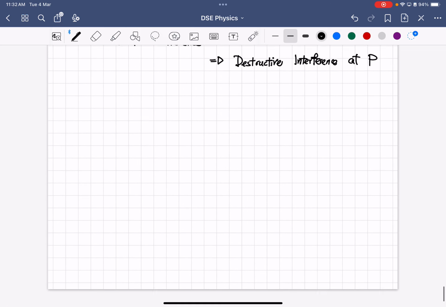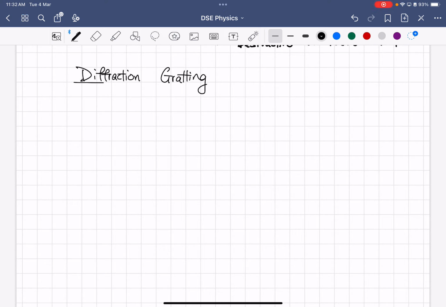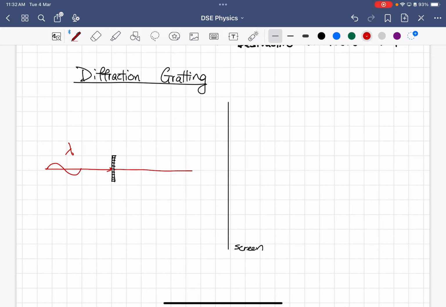Now, closely related to the double slit will be the diffraction grating. For the diffraction grating, you need to know the formula. The situation is you have a diffraction grating, you have a beam of light with wavelength lambda shining on it, and it arrives on the screen and forms different orders.